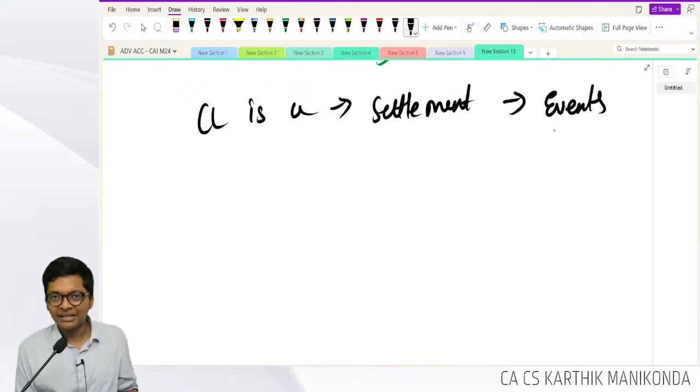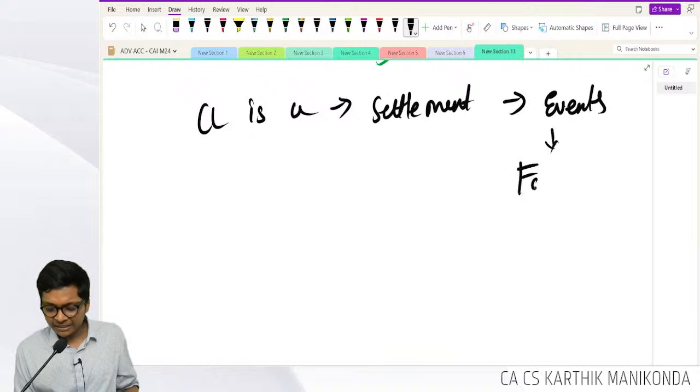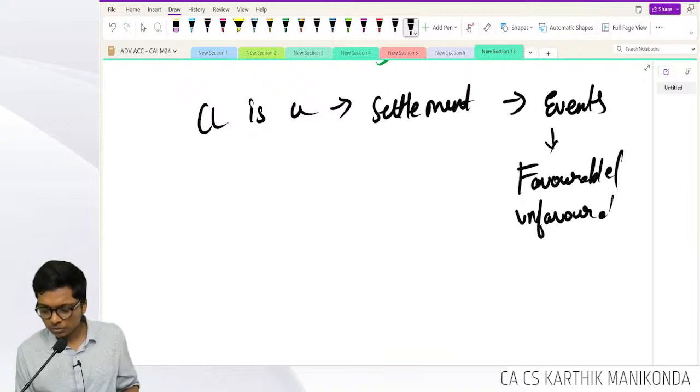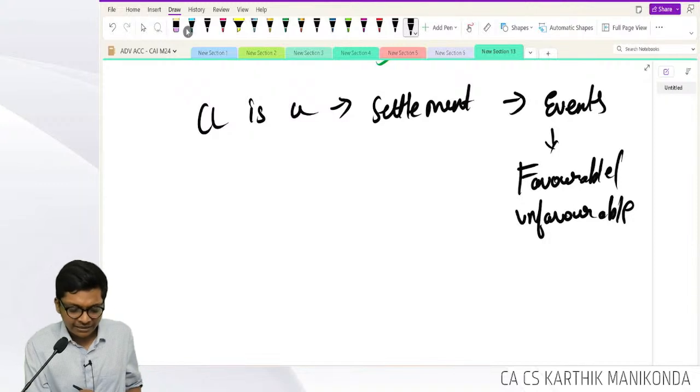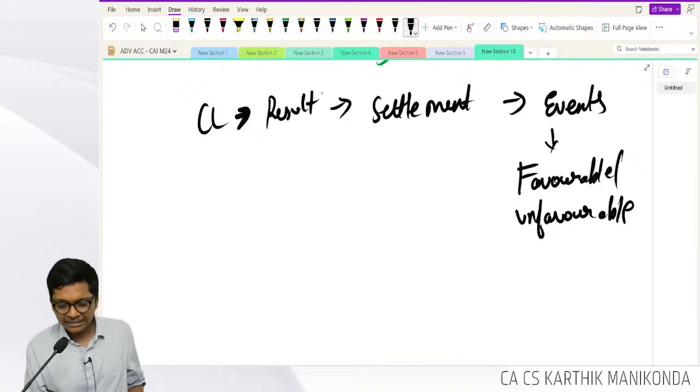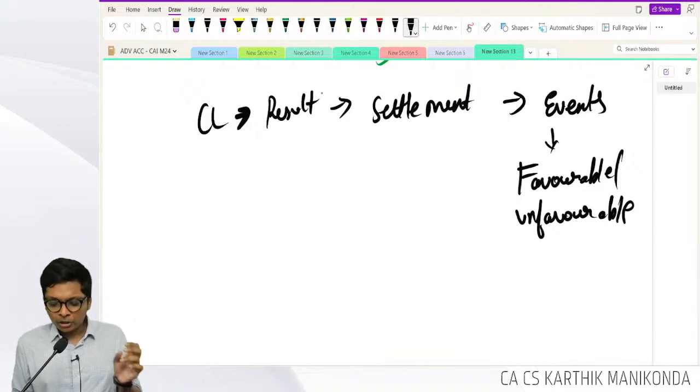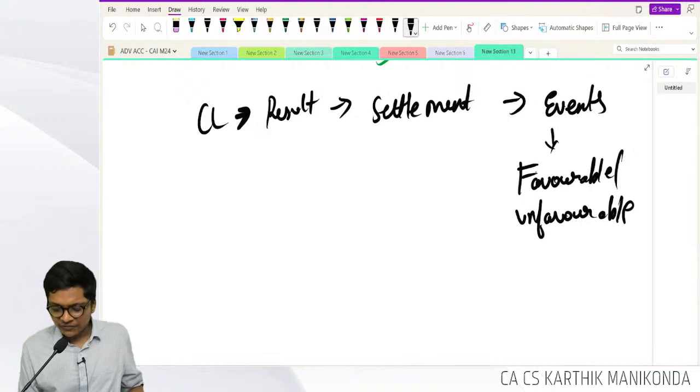Because of some event, such an event can be favorable or unfavorable. So contingent liability may result, better words to write, contingent liability may result in a settlement because of some event which is favorable or unfavorable.